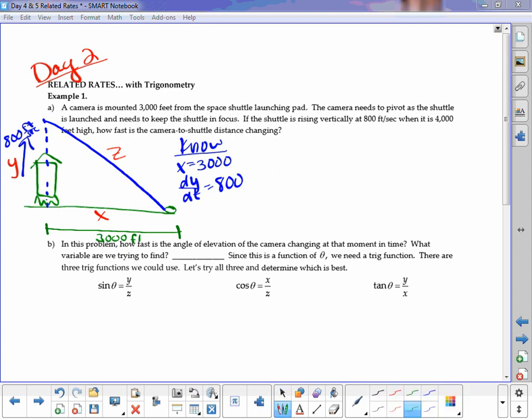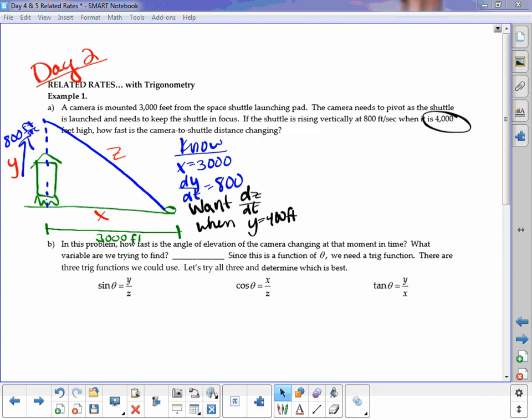And we want dz/dt, specifically when it's 4,000 feet high. So what variable is that going to be? Good, and y is 4,000. So this first part is just like we've done before. No trig has been involved yet. So I want you guys to go ahead and set up and solve this.